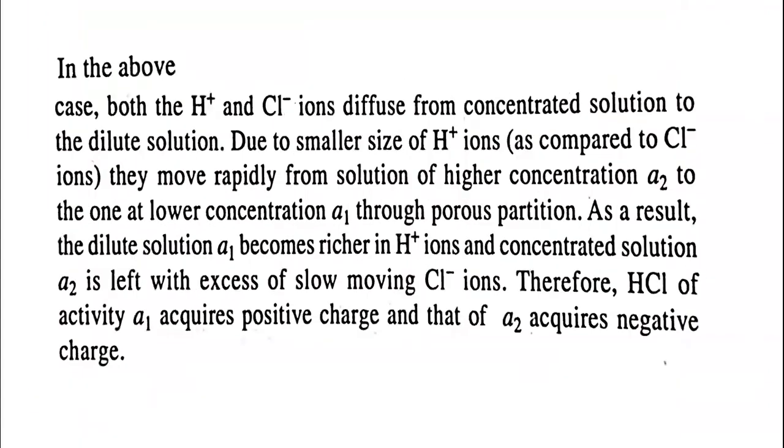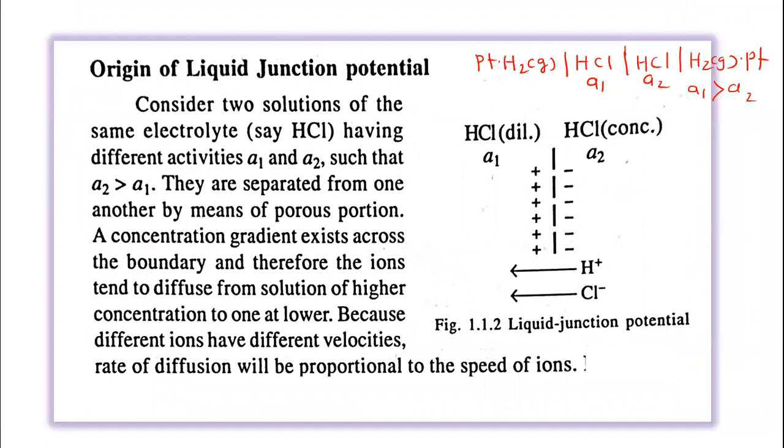So in case of electrolyte concentration cell, as there is a direct contact between the two electrolytes, the ions can be transferred from higher concentration to the lower concentration. So these two electrolytes are separated from one another by means of a porous partition. So due to this, what happens?